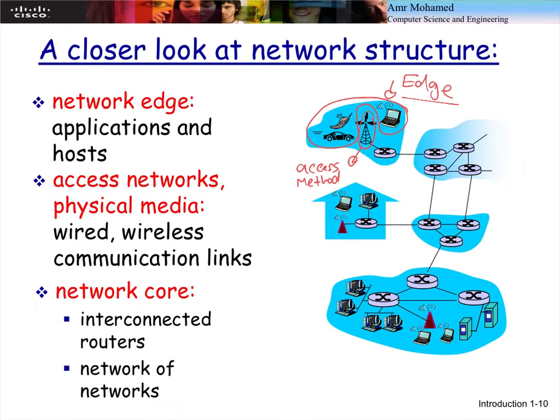Other than this is what we call the core network. So this infrastructure is what I mean by the core network. The core network is usually maintained by the service providers, the tier 3, tier 2, tier 1 that we talked about. Okay, clear?